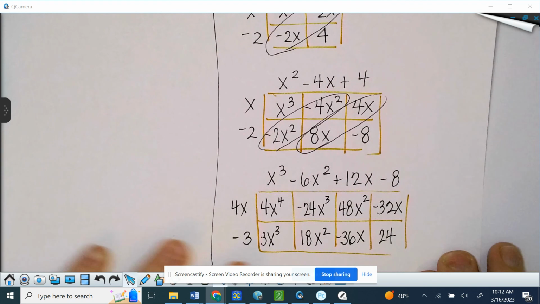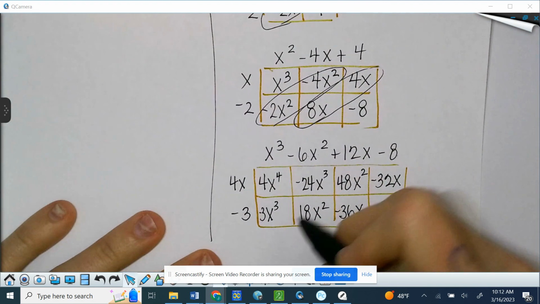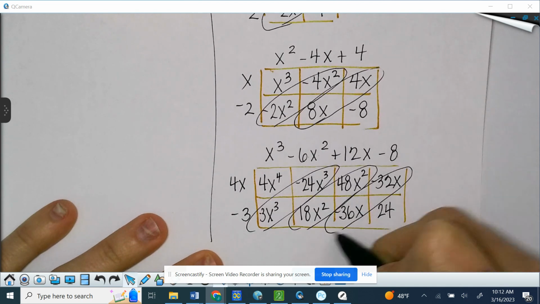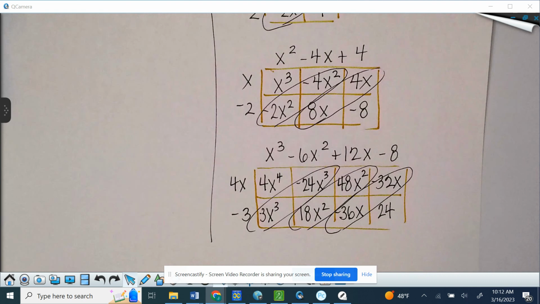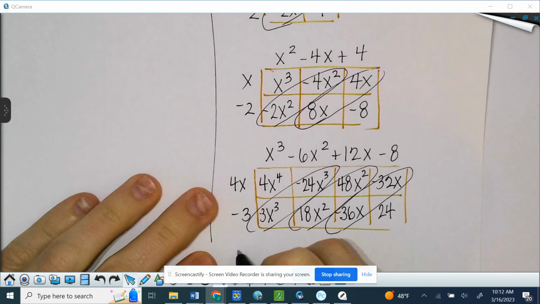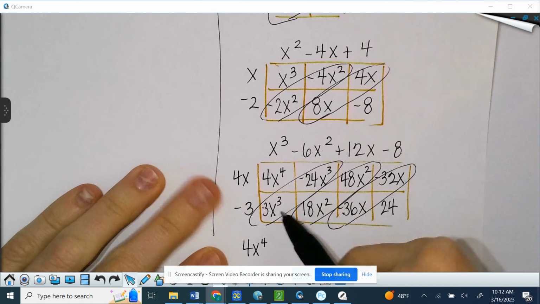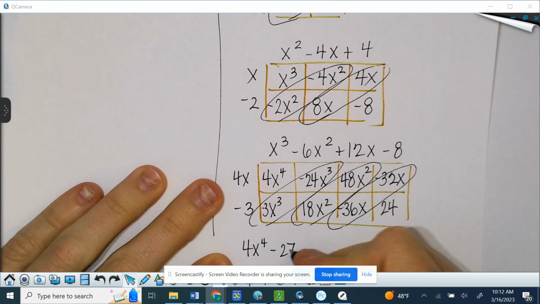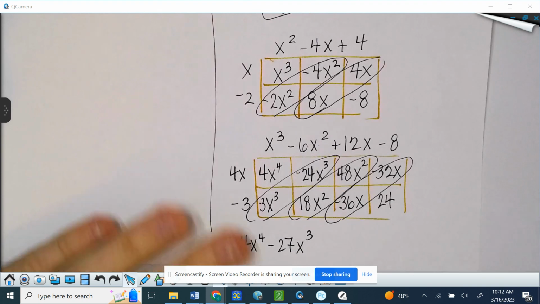Now, we're still not done. Clean up. So these guys are like terms. These guys are like terms. These guys are like terms. And usually it'll always be on the diagonal, again, if everybody shows up. So now I'm looking at 4x to the fourth power. I have a negative 4, 5, 6, 7, negative 27, x to the third. 18 and 48.